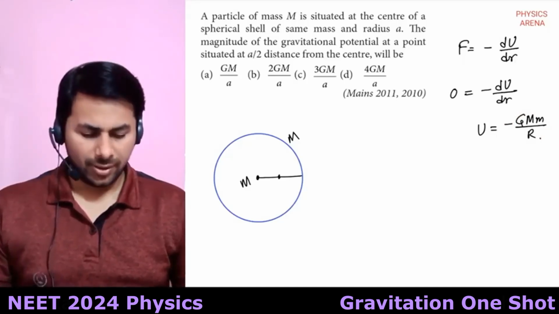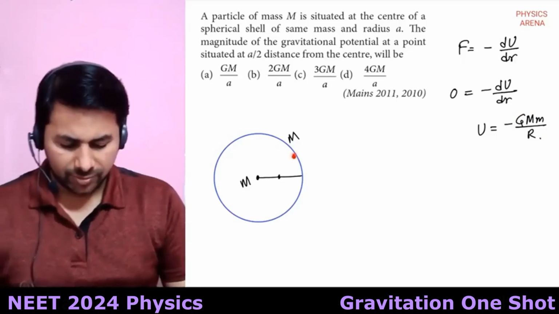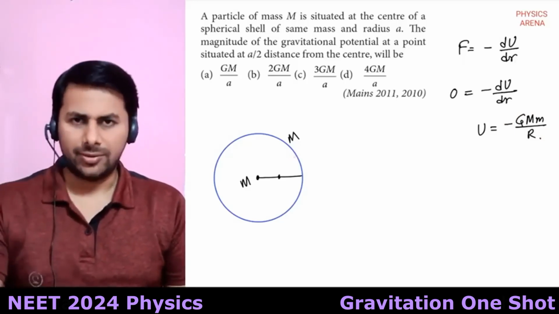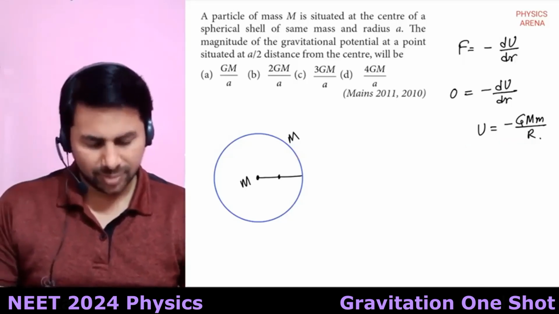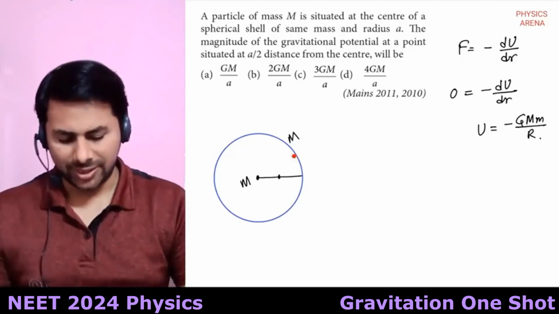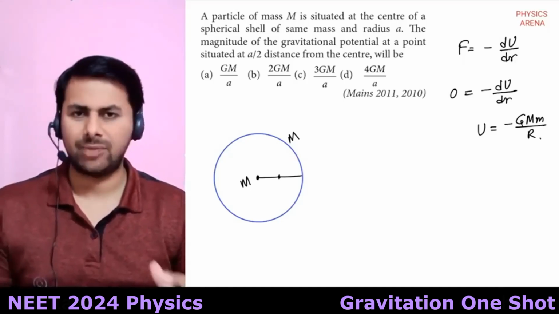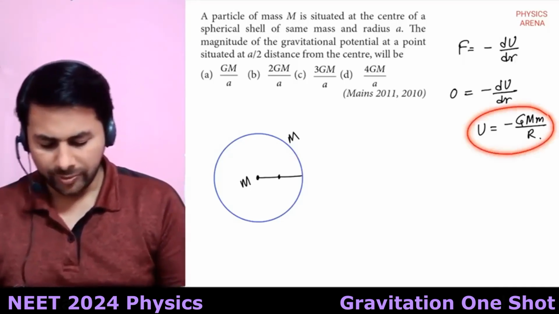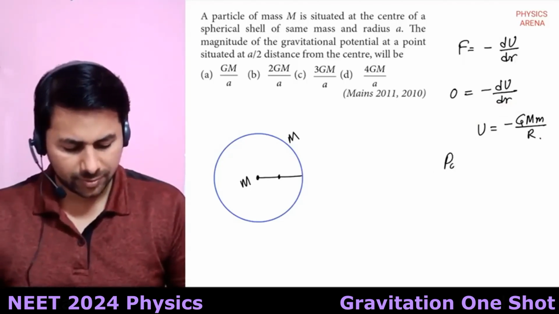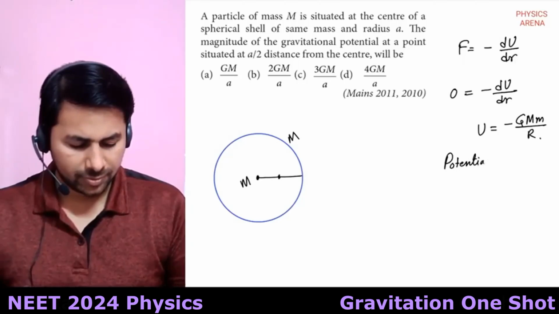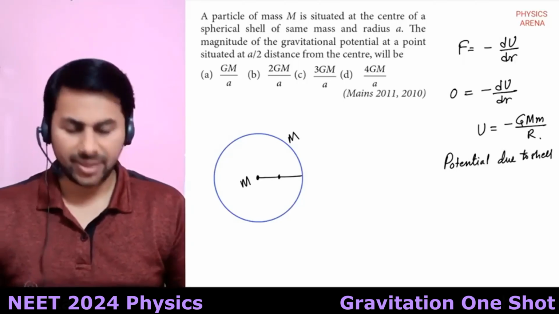Okay, so just inside shell means almost on the shell. So almost on the shell or just inside shell, there won't be much change in potential energy. So that's why it is minus of GMm upon r. So what would be potential due to shell then, inside shell?